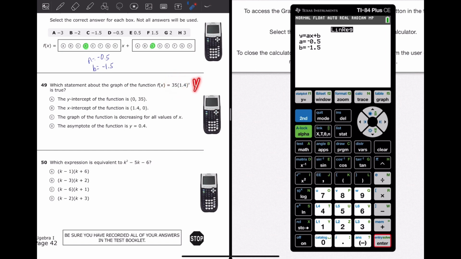The next one, you'll be plugging that into Y1. You will check the table.